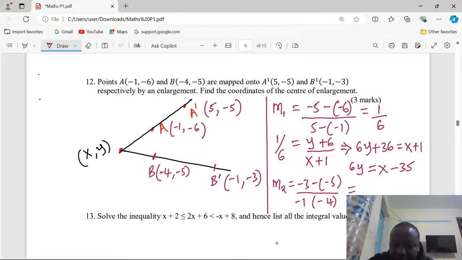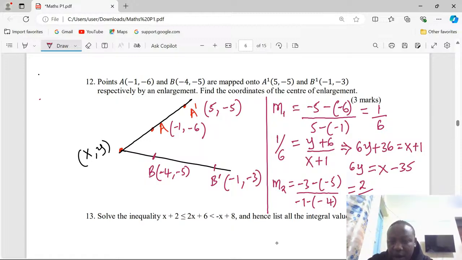We shall have -3 plus 5, which is 2, over -1 plus 4, which becomes 3. So the second gradient is 2/3.